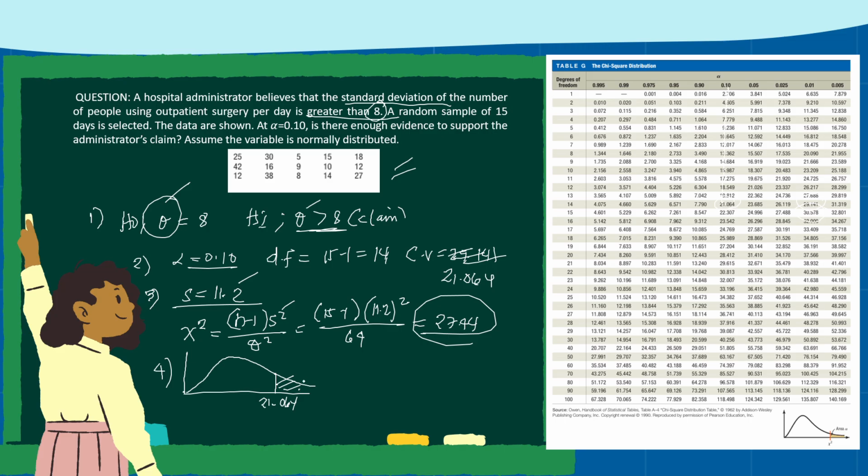And 27.44 falls in this region, which is our 0.10, the given alpha of 0.10. Since 27.44 falls in the critical region, the decision is we have to reject the H0.